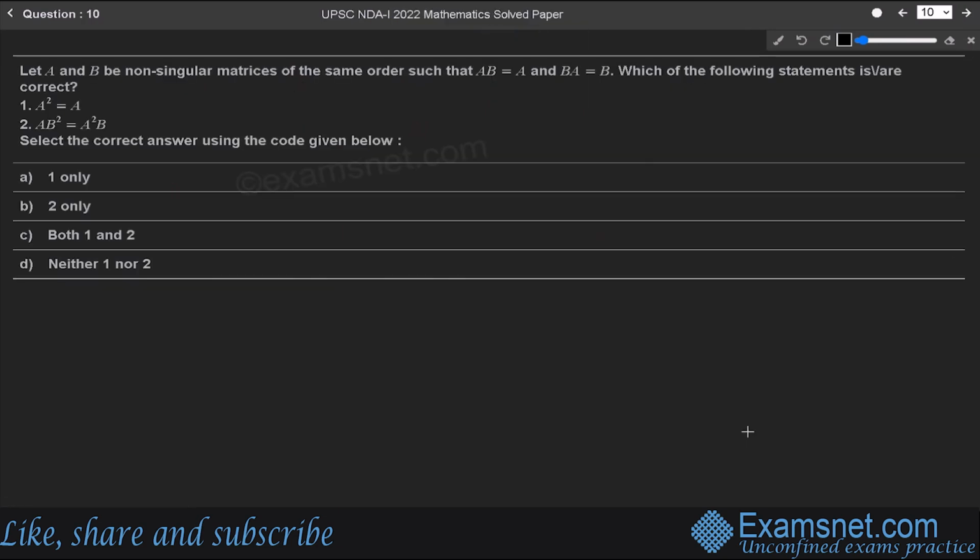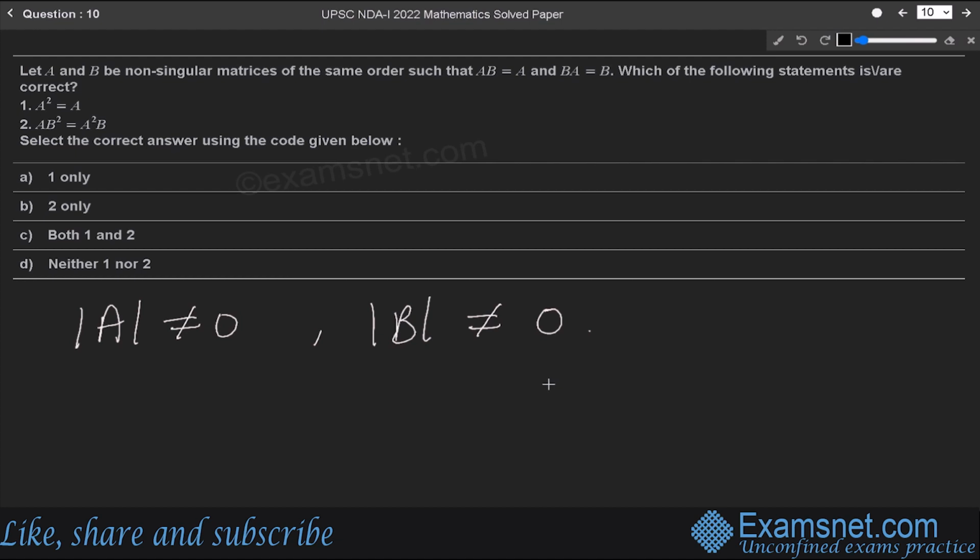Next question is, let A and B be non-singular matrices of the same order such that AB is equals to A and BA is equals to B. Which of the following statements is or are correct? In the question, it is given that A and B both are non-singular matrices, which means that determinant of A is not equals to 0 and determinant of B is also not equals to 0, since it is non-singular.